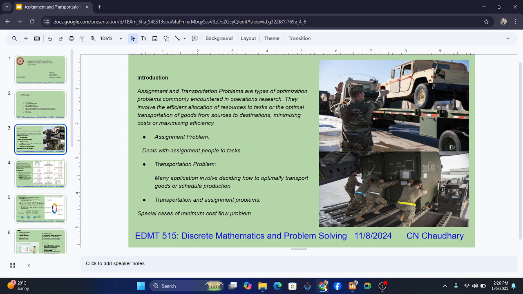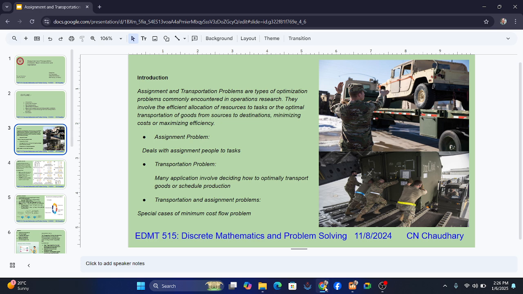Assignment and transportation problems are types of optimization problems commonly encountered in operations research. They involve the efficient allocation of resources to tasks or the optimal transportation of goods from sources to destinations, minimizing cost or maximizing efficiency.